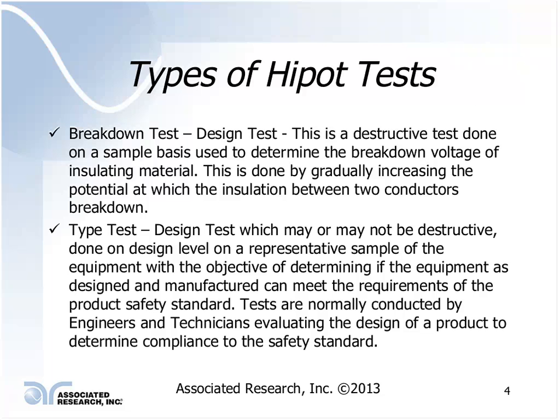But in any case, how this is typically done, you may have different styles of electrodes. Your rate of rise may vary a little bit, but you gradually increase the potential until the insulation between the two conductors actually breaks down, where it fails. An arc normally will occur, jumping the gap or puncturing the insulating material or flashing through the dielectric material if it happens to be a liquid.